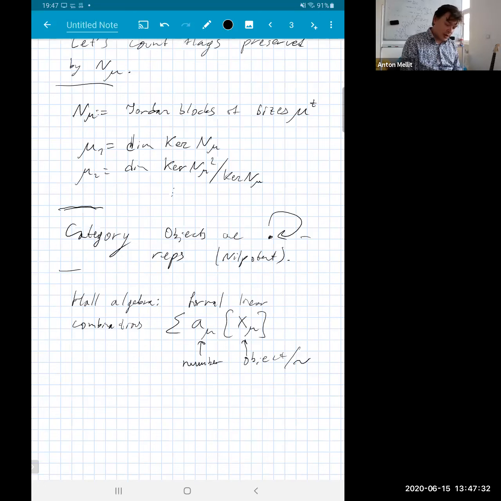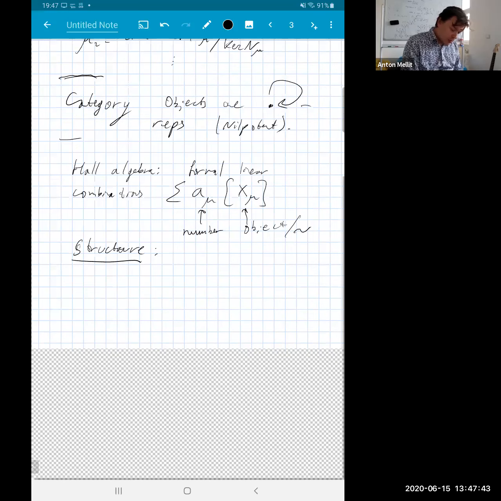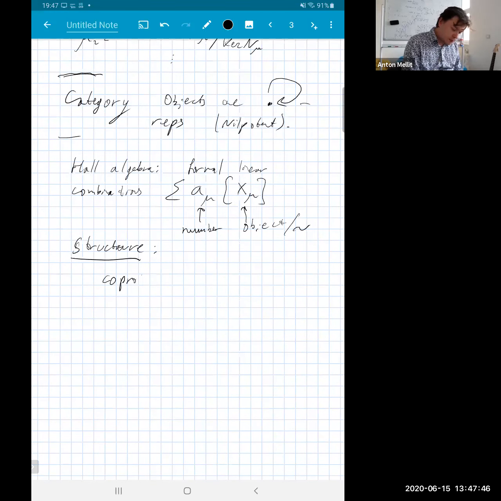So what is the operation of this Hall algebra? There is the structure. There is a coproduct. And this is a very naive thing. When you have something, you should produce two things. And this is given by taking a sum and a quotient. So sum over all z in x, and then class of z times class of x minus z.